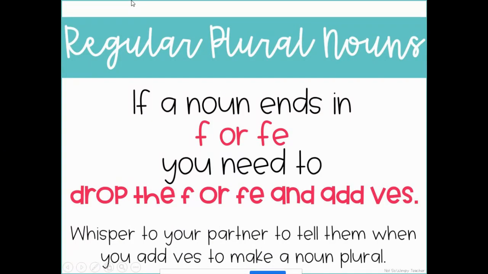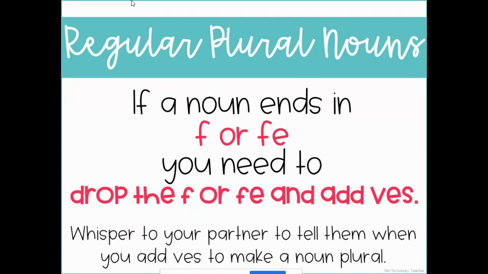Okay. If a noun ends in F or FE, you need to drop the F or the FE and add VES. All right, I want you to copy that whole sentence. Okay, copy that in your book.